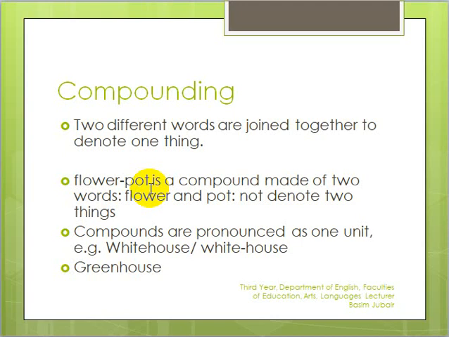This does not denote two things or two different meanings. Rather, it gives the meaning of one item, one entity, which is different or related somehow to the meaning or denotations of these two components of this compound word, of these two words, flower and pot.